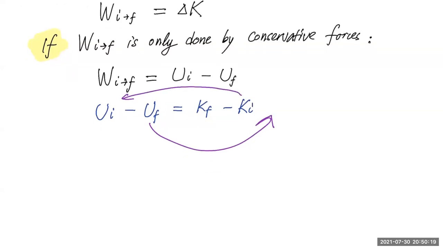So then on the left-hand side, I now have K initial plus U initial. And on the right-hand side, I now have K final plus U final, right? And they're equal. You know what that means? The left-hand side only has the initial state, and the right-hand side only has the final state.